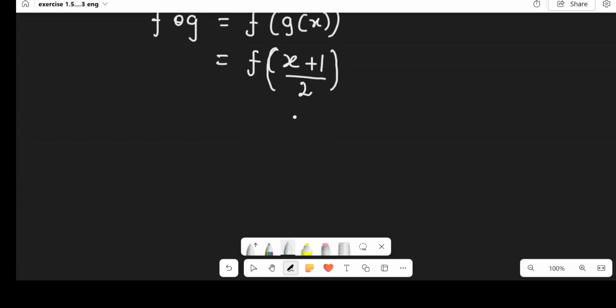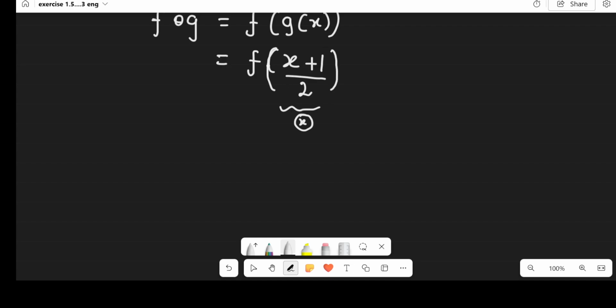Then what would be the next step? Here, just consider the whole thing as x. Here f is given, right? So in the f of x formula, we should apply the value of x plus 1 by 2 in place of x. This thing is very, very important. Listen carefully.